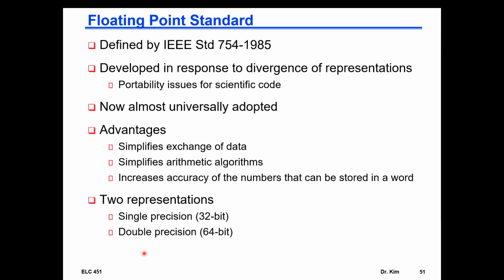Okay, and we're going to see that there is a single precision variation, which is 32 bits in length. There is a double precision. We're going to see both of those, single and double precision. There is also a quad precision of 128 bits that is mostly used in gaming, but we're not going to cover that here.